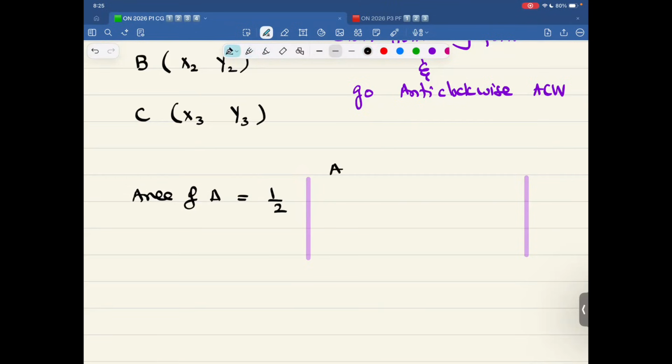This is A, this is B, this is C, this is A. This is X1, Y1, X2, Y2, X3, Y3, X1, Y1, and we multiply in this manner, like this, and like this.